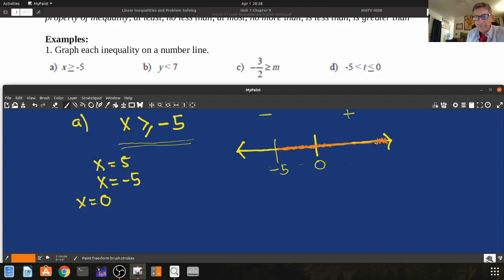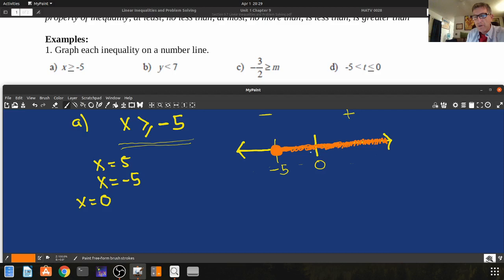This is what I tell students to do: just use a marker or just color it in. But I want to tell you that minus 5 itself also works. So to include minus 5, I draw a circle, and to indicate that minus 5 is included in the set of solutions that make that inequality true, I circle it in.